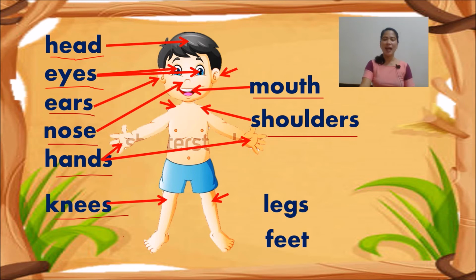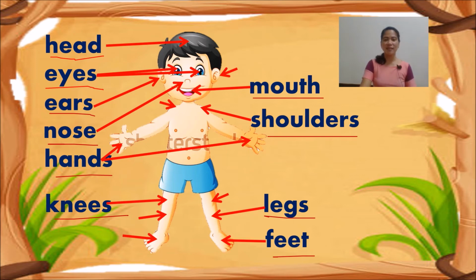How about now the legs? Where are the legs? Point it. One, and we have two. And the last one, we have the feet. Where are the feet? One, and then two. So we have 2 feet.